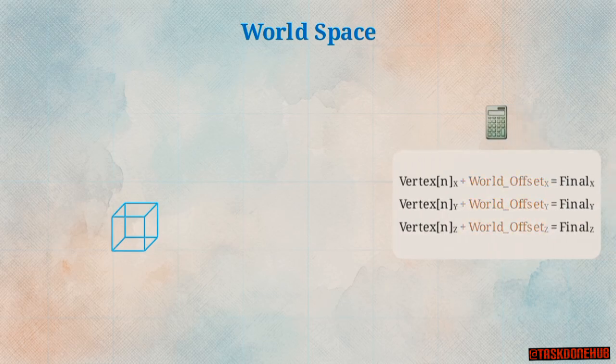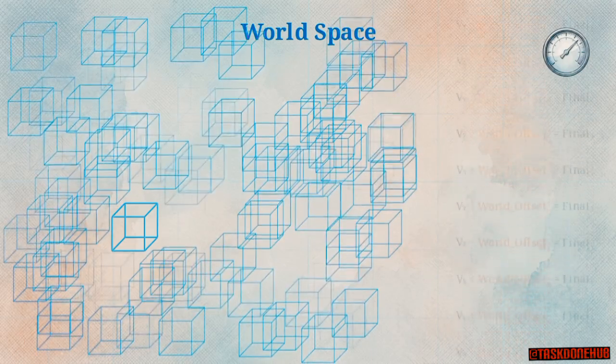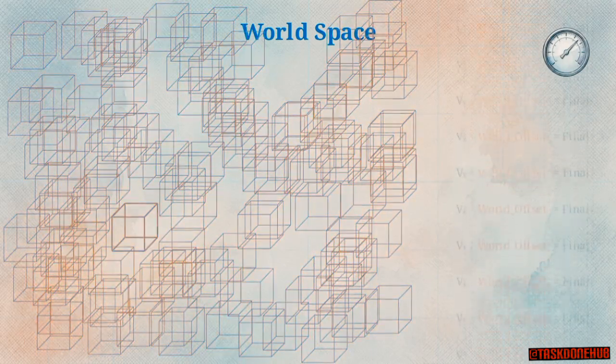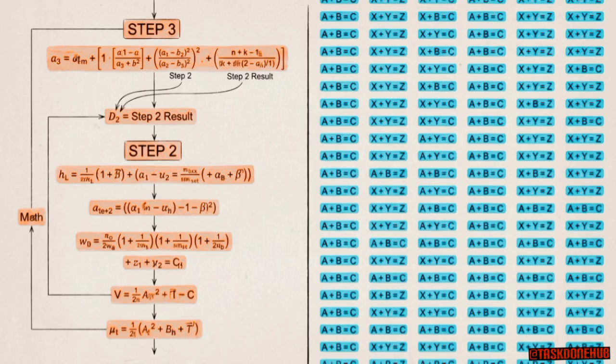This mathematical transformation requires taking the exact same coordinate addition instruction and applying it to millions of individual vertices simultaneously. Because every single one of those addition calculations has absolutely zero dependency on any other point, they are perfectly suited for parallel execution.